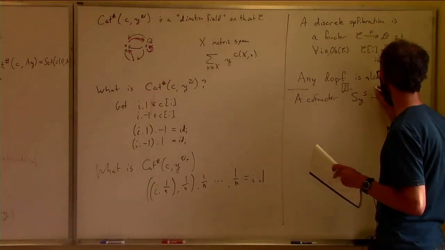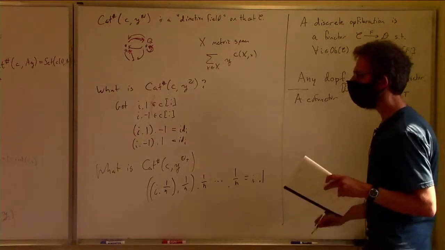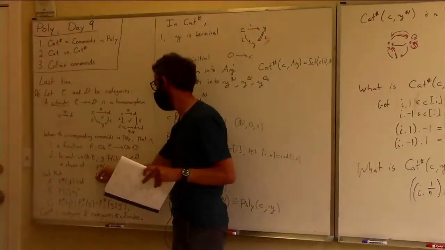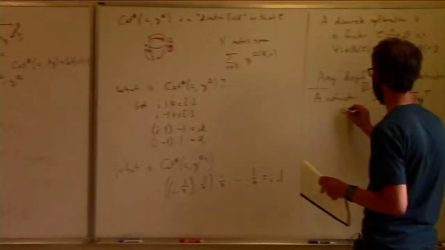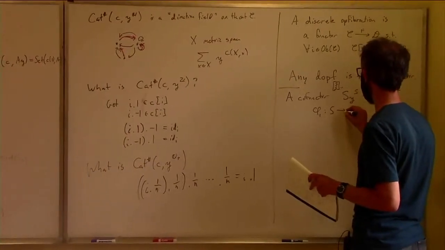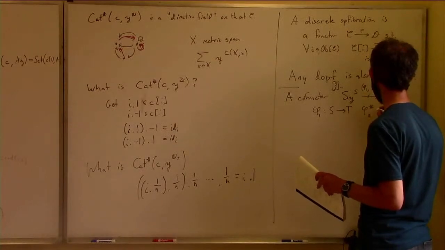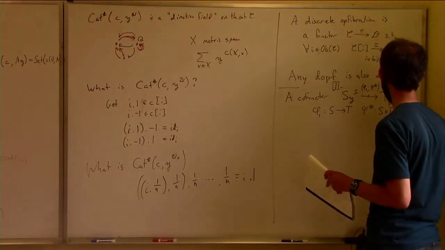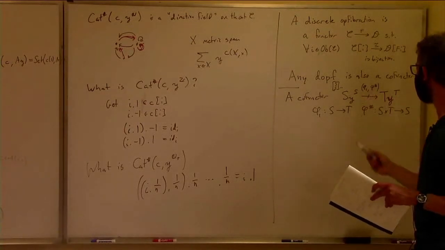So it includes a phi one thing and a phi sharp. I called the phi one thing f and the phi sharp thing f sharp. So phi one goes from s to t, and phi sharp goes from s times t to s. Phi sharp takes an s and a t and gives you an s.